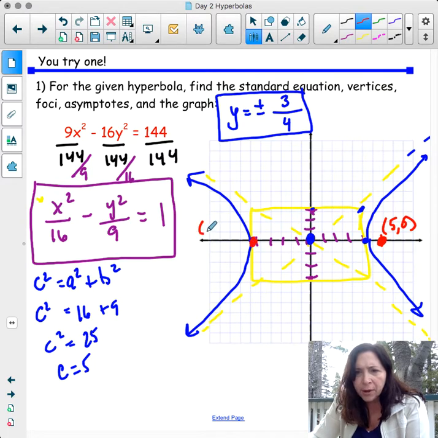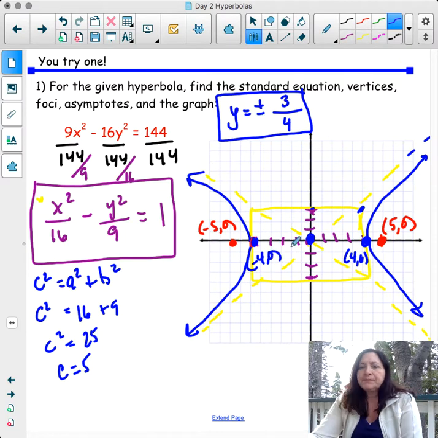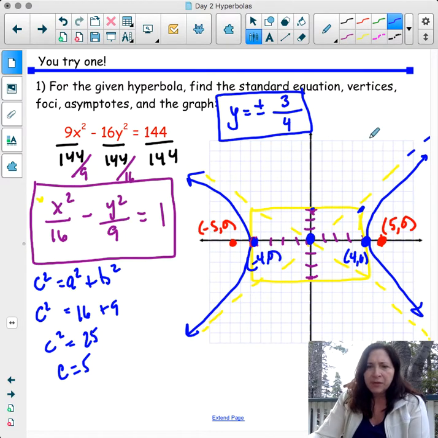And my focal point here is at negative 5, 0. My vertices, which I will put in blue, are 4, 0 and negative 4, 0. Trying to think if there's anything else we need. Asymptotes, we got our focal points, we have our vertices, and our center is at 0, 0.